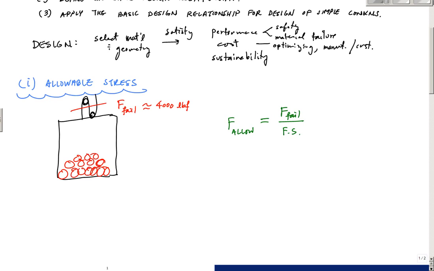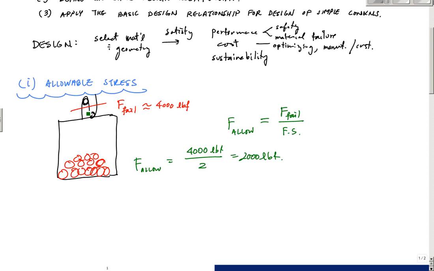And so I might say that for all elevators, the factor of safety must be 2. So I'm going to say that you can't put more than 2,000 pounds, or people cannot come into an elevator and weigh a total of more than 2,000 pounds. Otherwise, the elevator is going to fail.